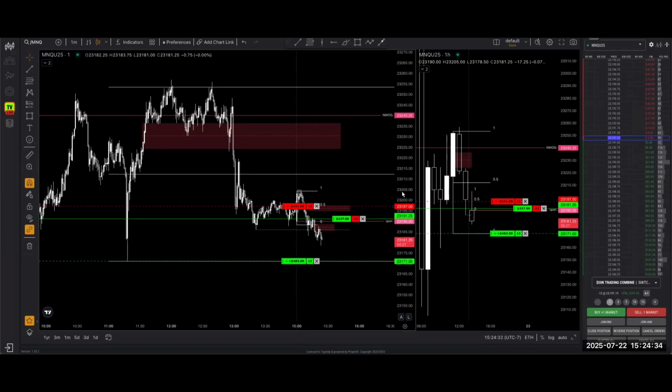I'm going to have to really fast forward some of these parts. I mean, we are using the hourly time frame to give us an hourly target.